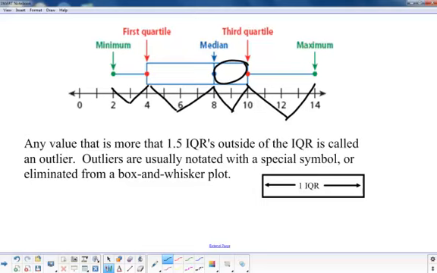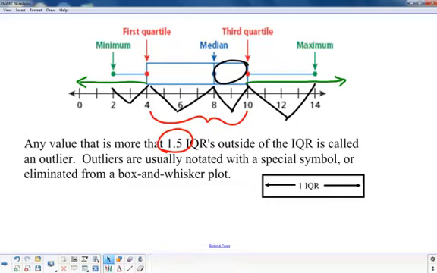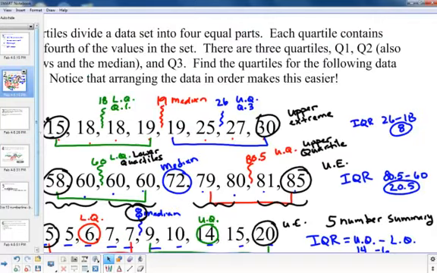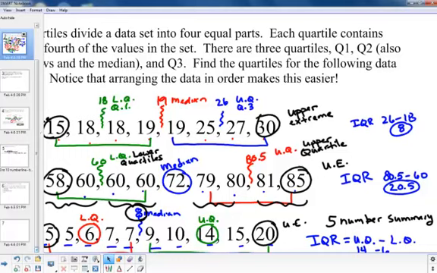So if we take our interquartile range and multiply that by 1.5, whatever that number is, we subtract it from the lower quartile and add it to the upper quartile, and that's going to be our good data. So let's go back to that last problem that we did on this first page, and then we'll do a more intense one. Oh boy.